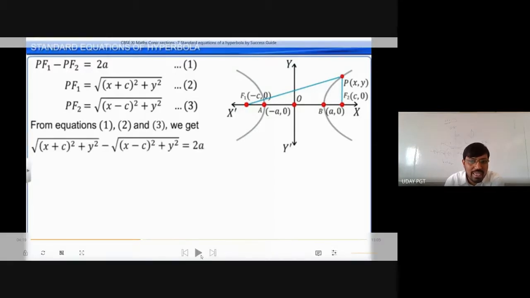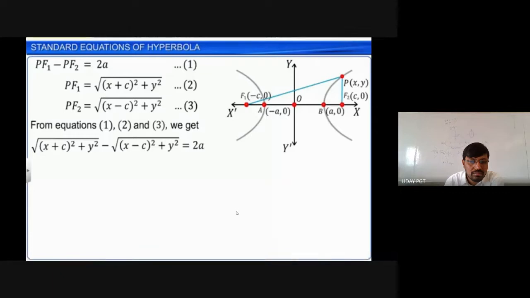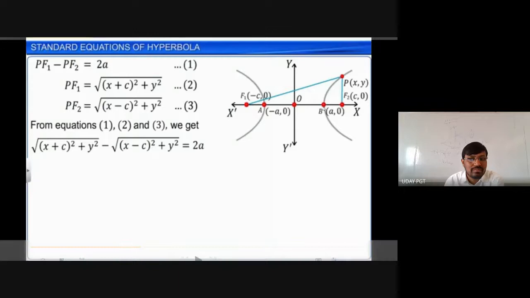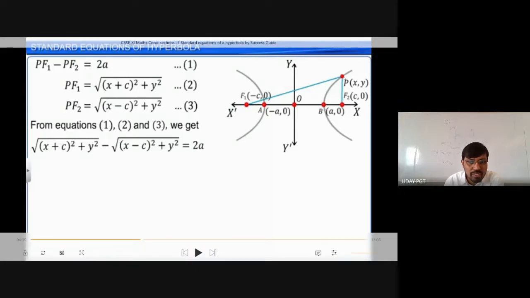Can anyone tell me why it is 2a? Because in place of P, you take the point B. Then we are going to get the same thing, 2a. So take B to F1 distance minus B to F2 distance.